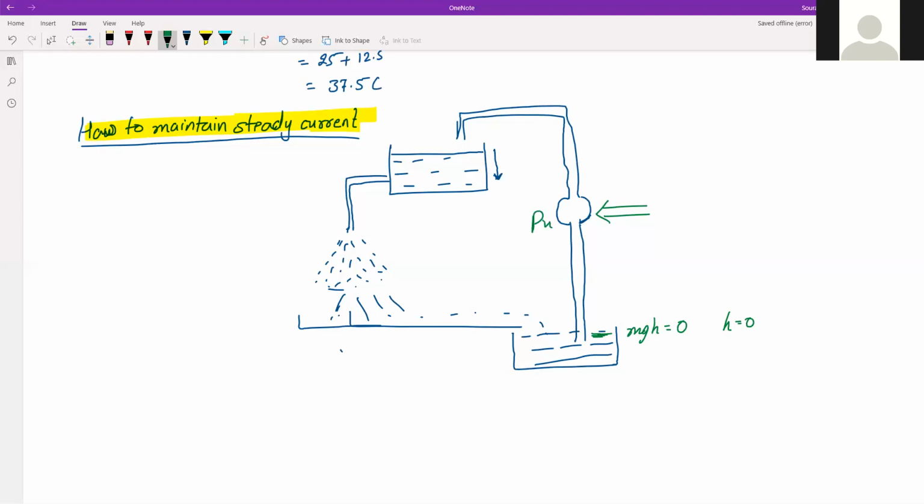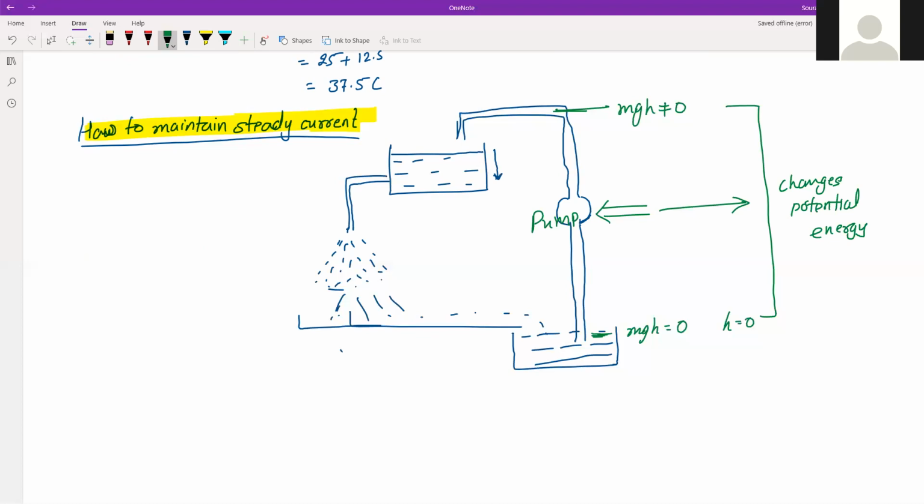So this is a pump. What it does is lift it and bring it here. So here mgh is not equal to 0. What happened here is it changes the potential or potential energy, both. Who does it? This pump does it.